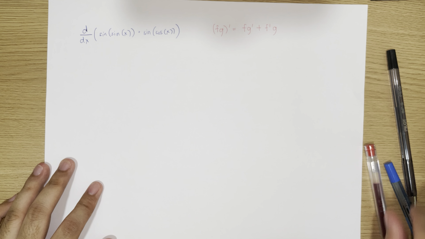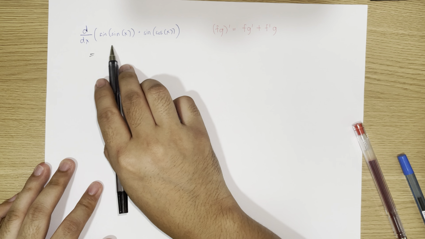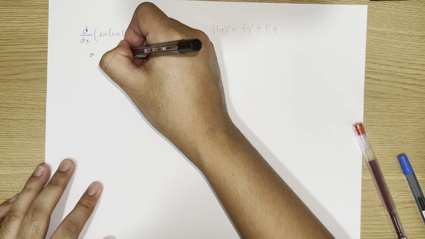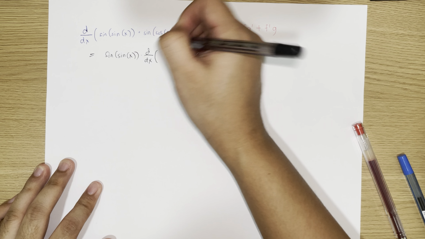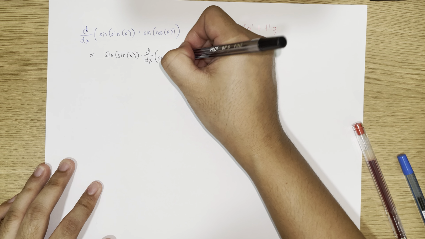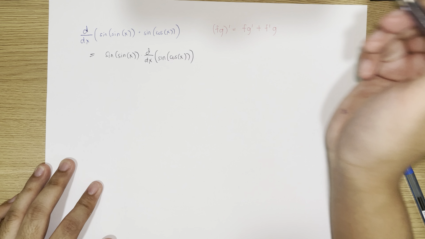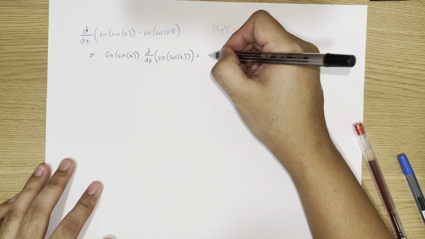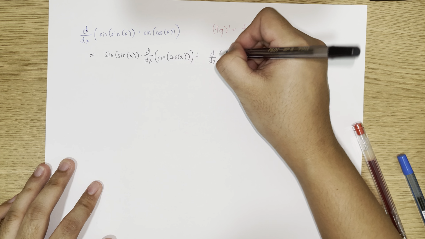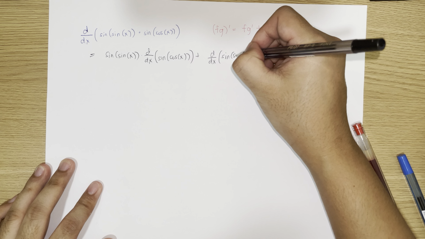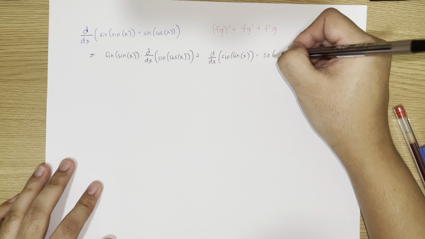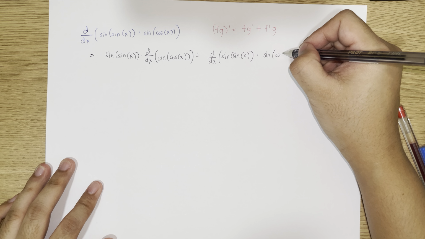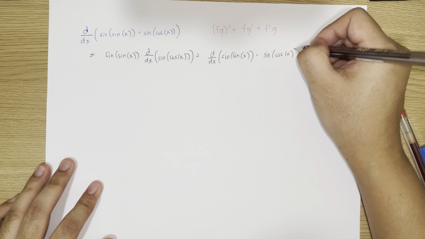So in this case, we get sine of x times d/dx of sine of cosine of x, plus d/dx of sine of x times sine of cosine of x.